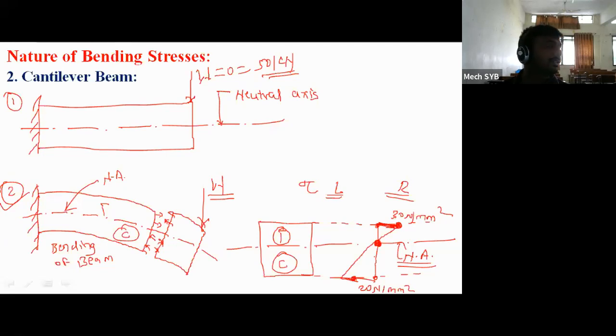In above both figures, the bending stress is always zero at neutral axis, and it is maximum at the top and bottom portion of the beam.